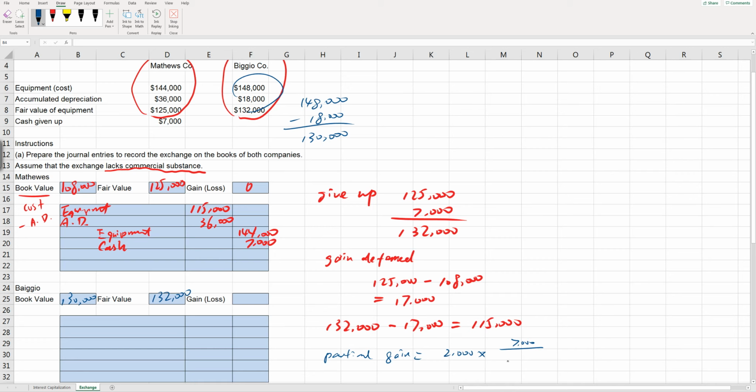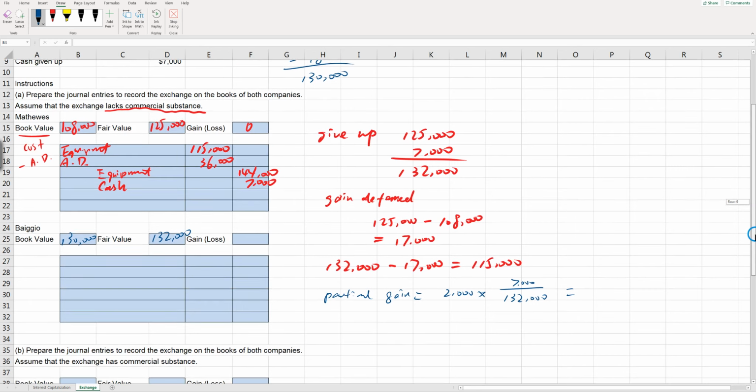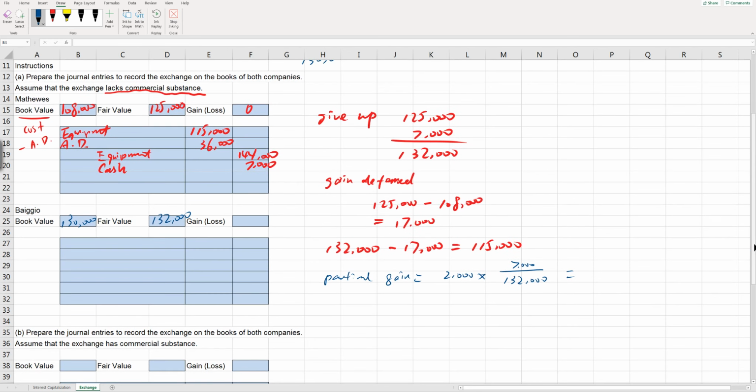Okay, the total value of the transaction is $132,000. Right, so if you do this, we have a chance to recognize partial gain.